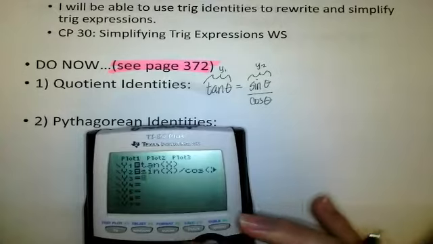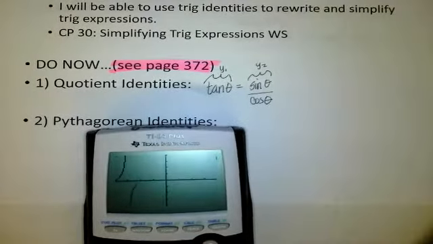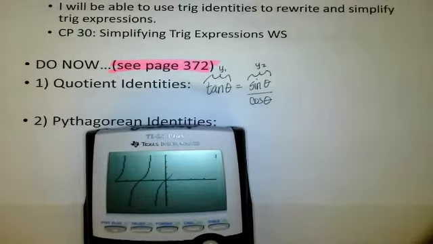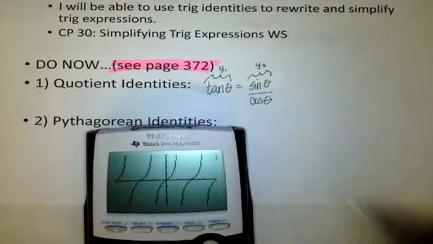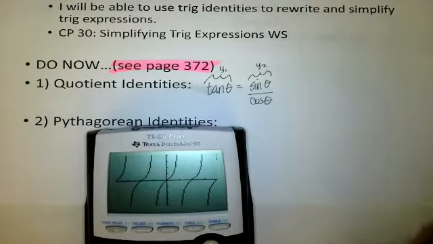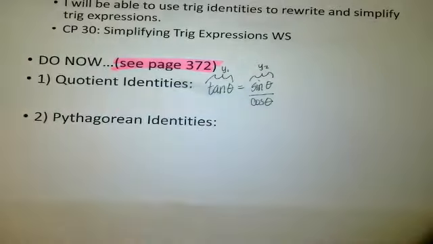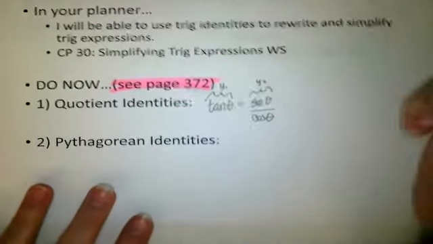They should be equivalent. I'm just going to do a zoom trig, and there's tangent, which goes through the origin, and now it's graphing the second one right on top. I can't see any changes, and I know that they are equivalent. So you can always check things graphically, which is what we're going to be doing for the next few days.